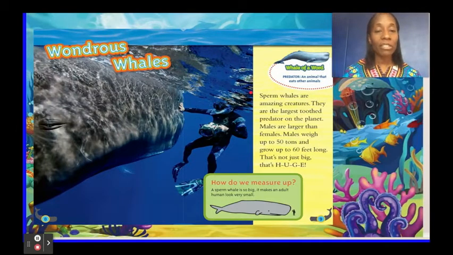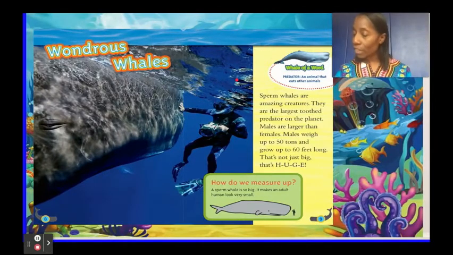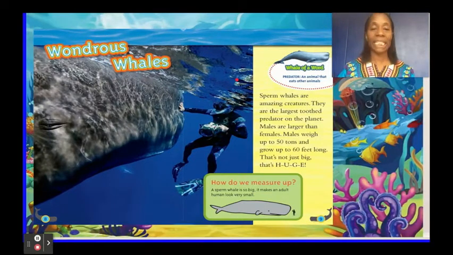They are the largest toothed predator on the planet. Males are larger than females. Males weigh up to 50 tons and grow up to 60 feet long. That's not just big, scholars, but that's what? Huge.